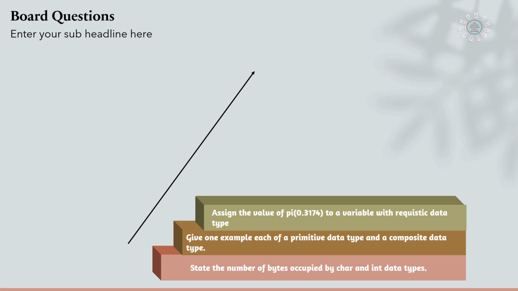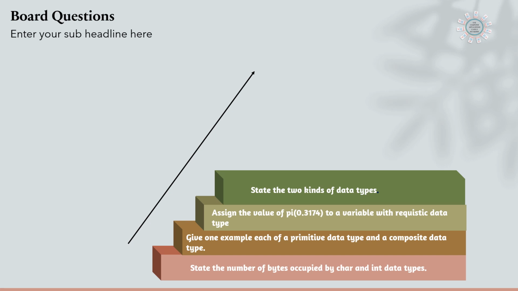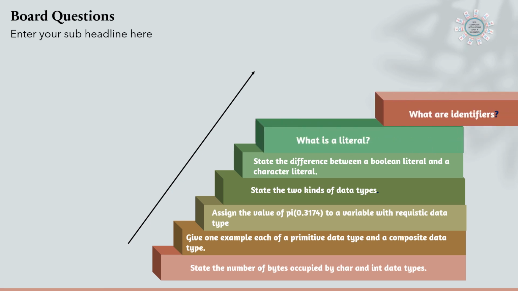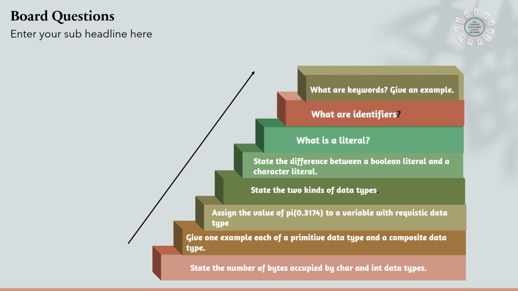Normally decimal numbers are considered as double, so we have to use double pi = 3.174. Two kinds of data type, primitive and non-primitive. Difference between Boolean literal and character literal, which we have discussed already. Definition of literal, definition of identifier, what is a keyword. So all these questions were asked in the board exam.